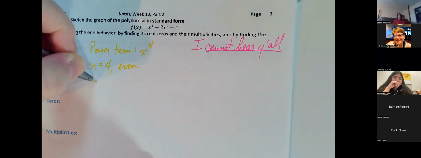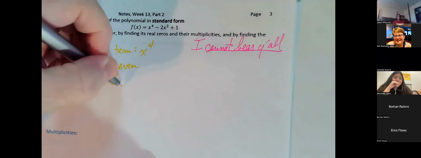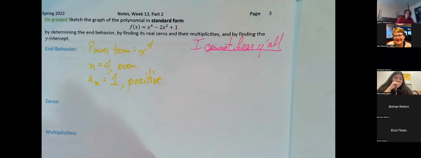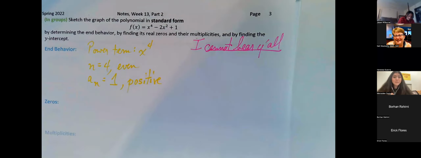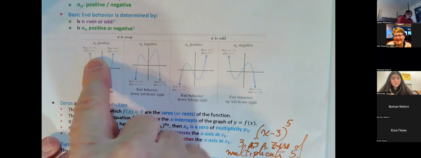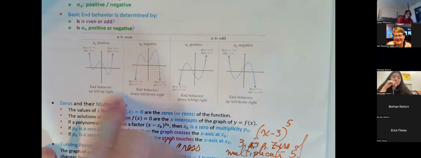And a sub n will be 1, but positive. That's right. So we can look at the chart. n even, a sub n positive, the graph will go up to the left and up to the right.